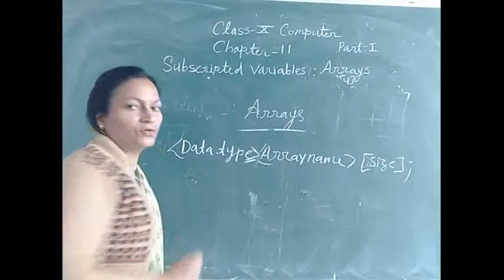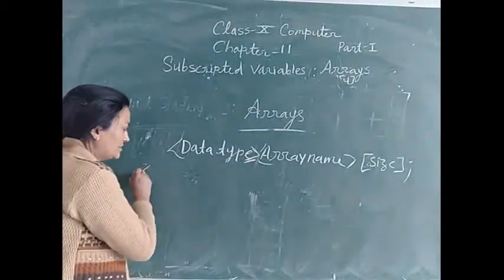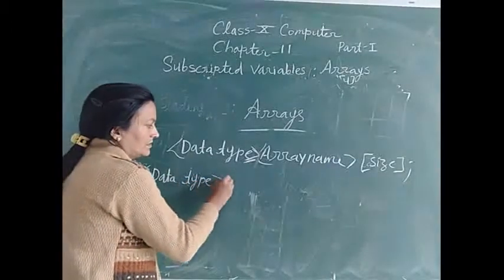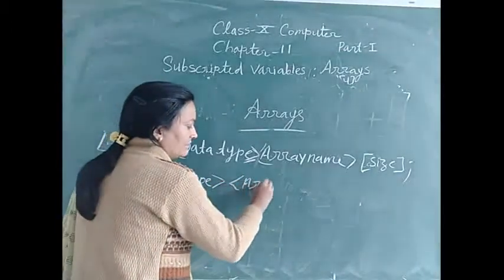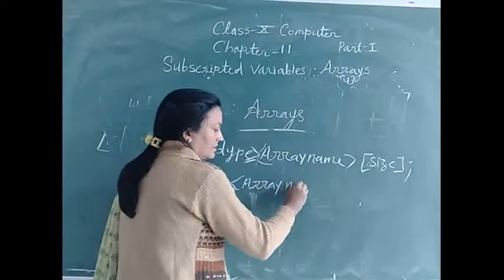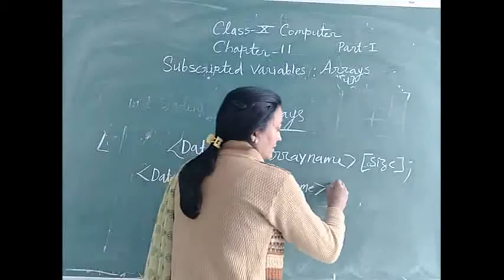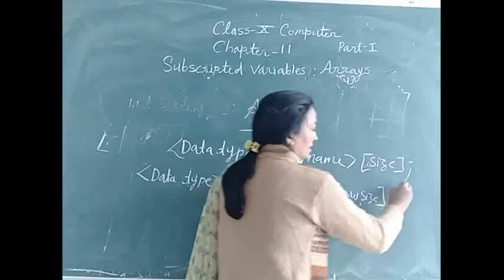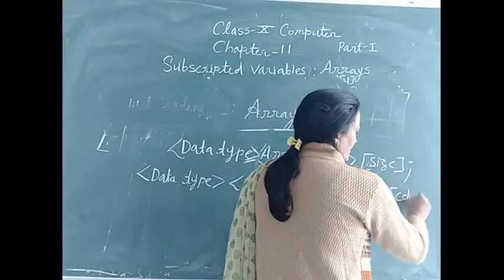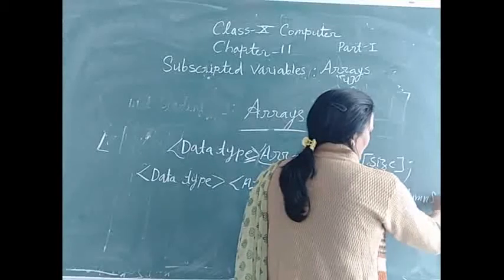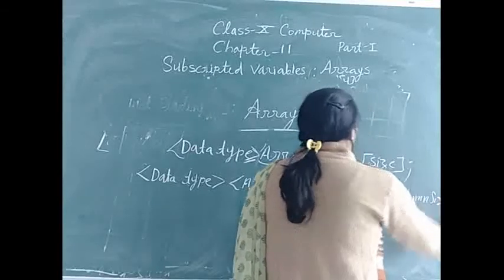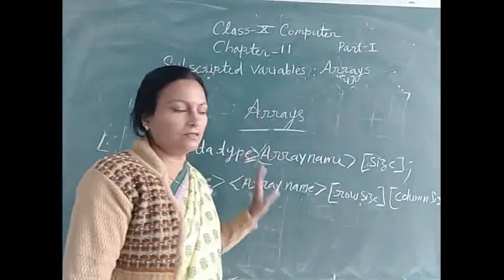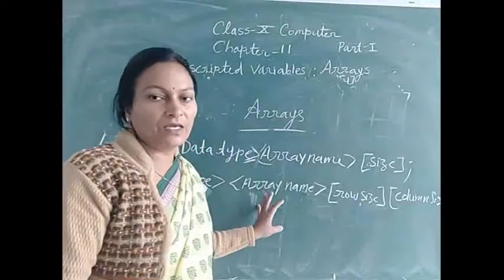And if you declare a two-dimensional array, the syntax is data type, array name, row size, and column size. So this is the syntax for declaration of a one-dimensional array, and this is the syntax of a two-dimensional array.